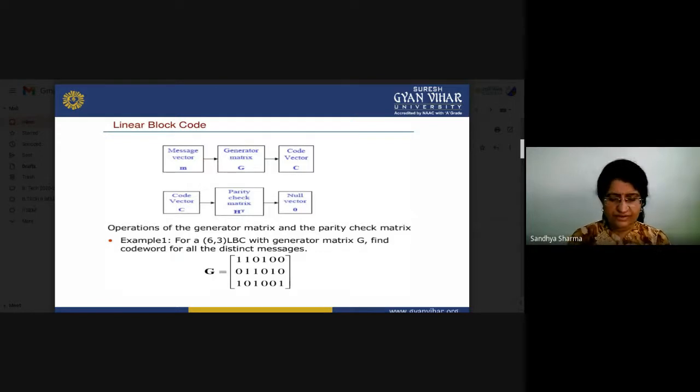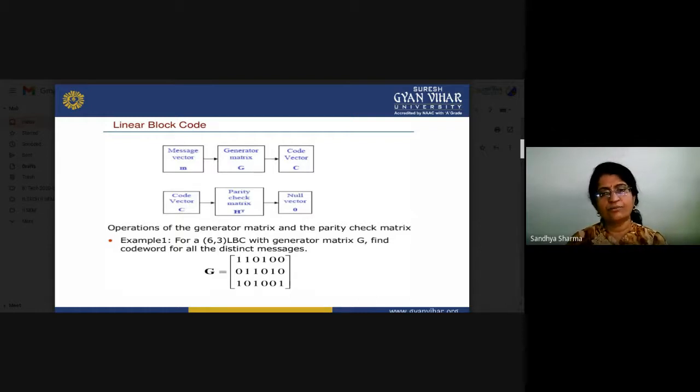If you receive the code word, you have converted your message block into the code word, and this code word is again converted into the null vector, or you find that R H transpose or E H transpose is equal to 0. So the parity check matrix H.